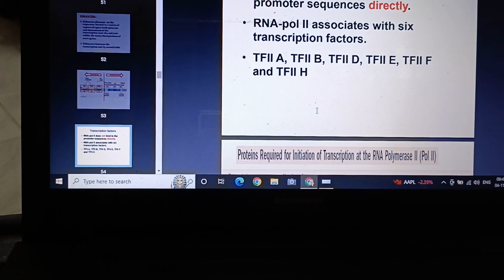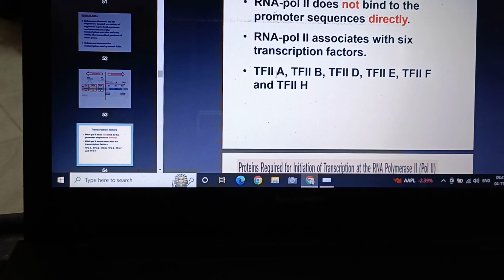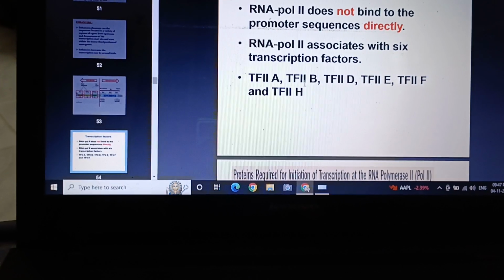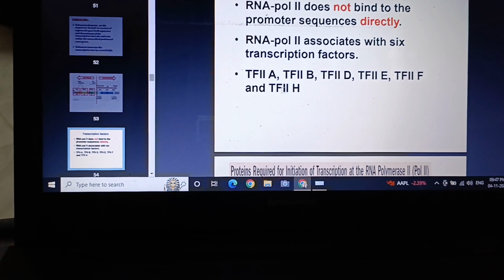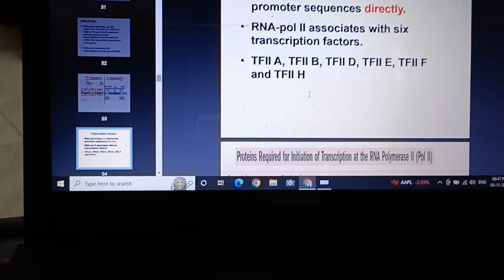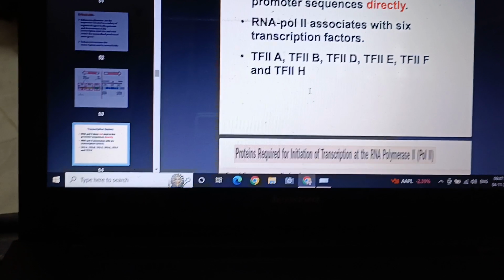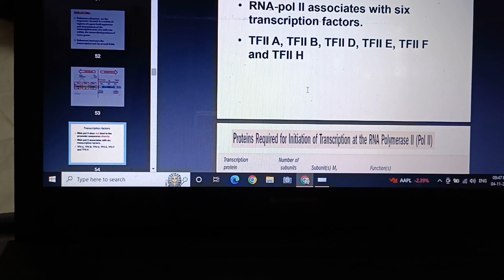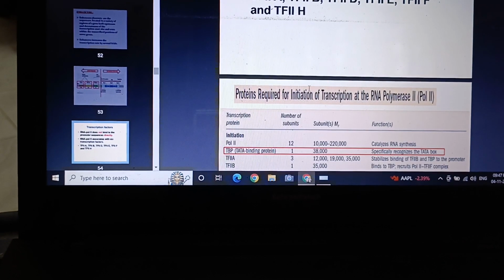So what are the 6 transcription factors? Transcription factor 2A, 2B, D, E, F and H. These 6 transcription factors bind to RNA polymerase 2, and only then will your promoter region be recognized and your transcription start.